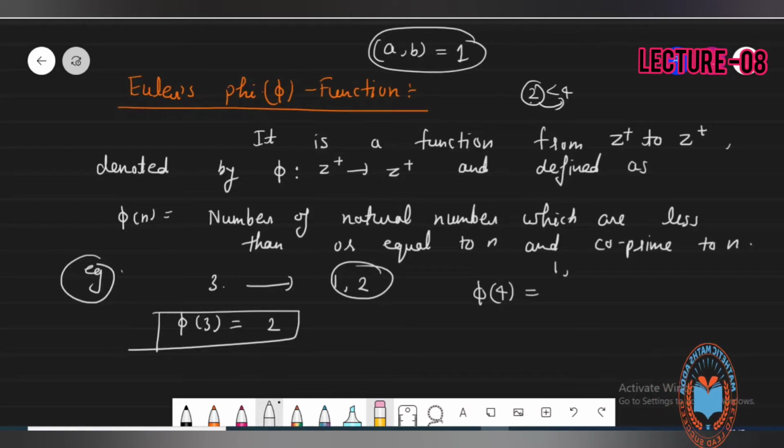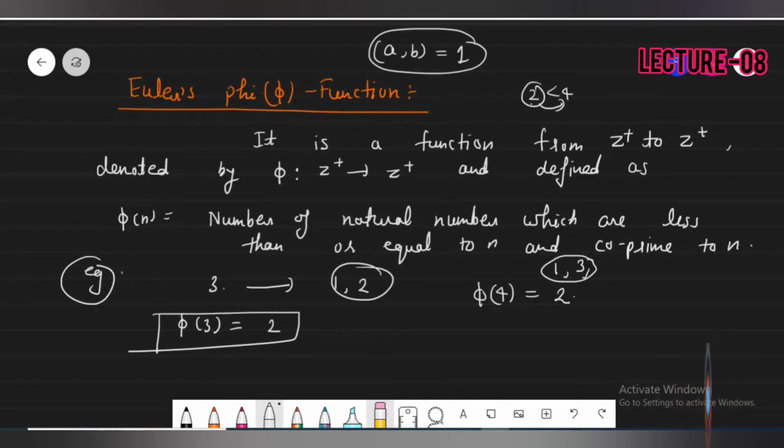The GCD of 2 and 4 is not 1, their GCD will be 2, so they are not co-prime numbers. So the natural numbers which are less than 4 and co-prime to 4 are 1 and 3. These are the only two numbers which are less than or equal to 4 and co-prime to 4. So the value of phi 4 will be 2.